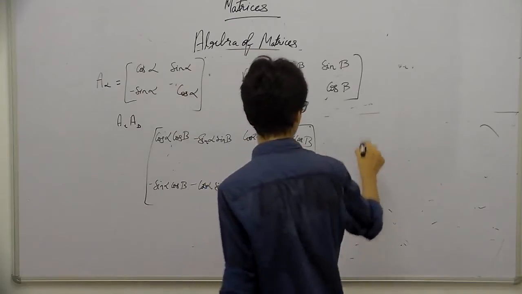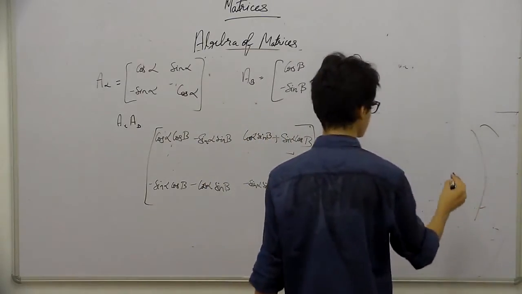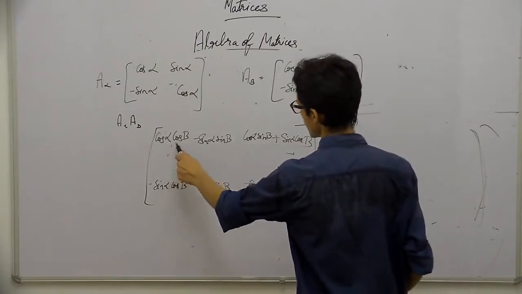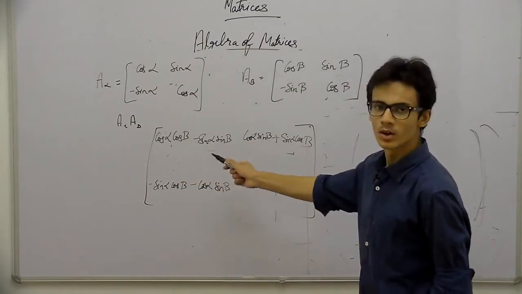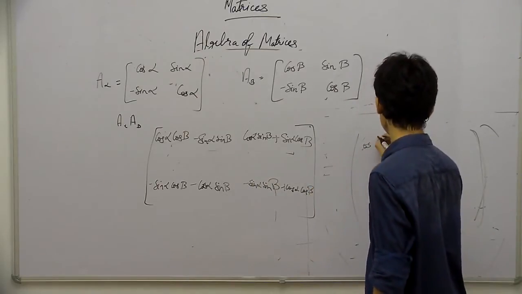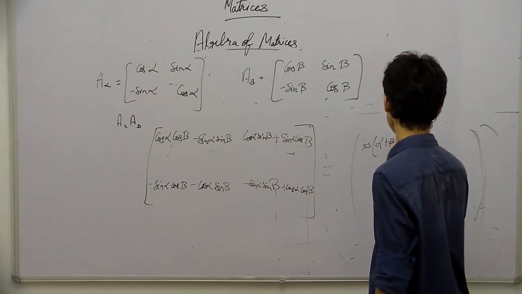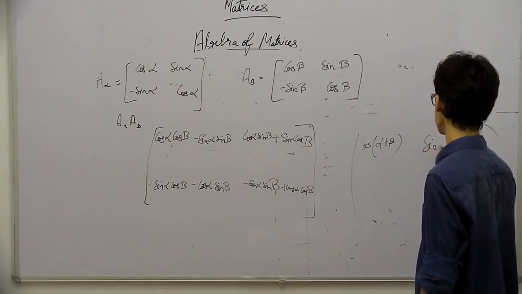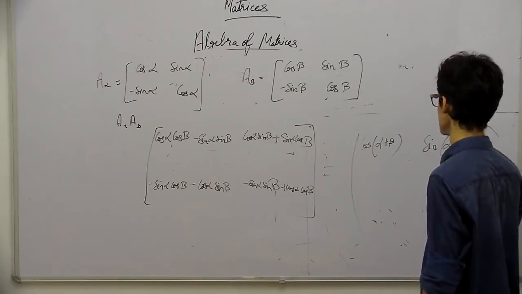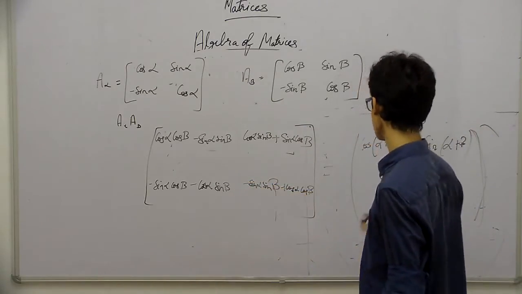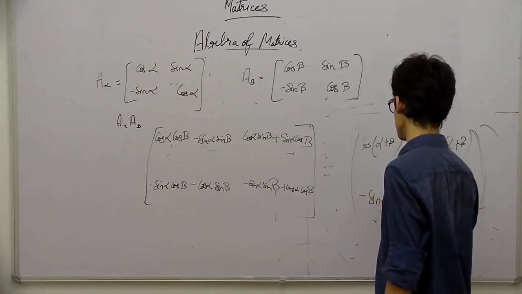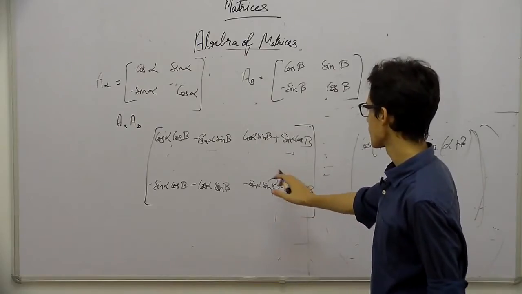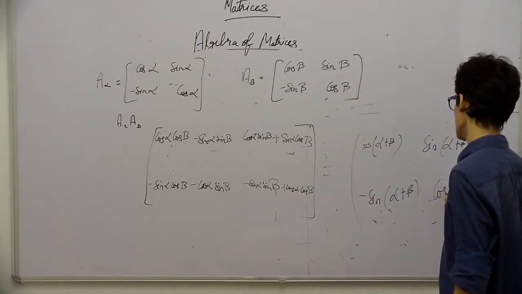So this can be written as cos of alpha plus beta, sin of alpha plus beta, minus of sin of alpha plus beta, and cos of alpha plus beta.